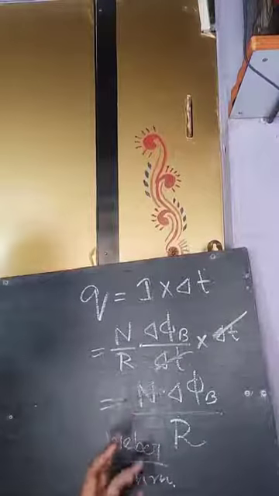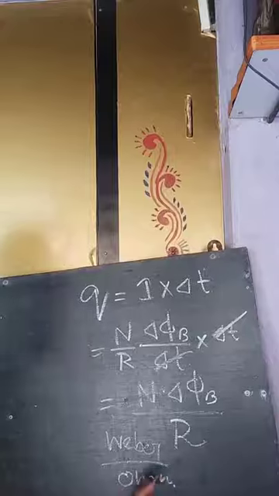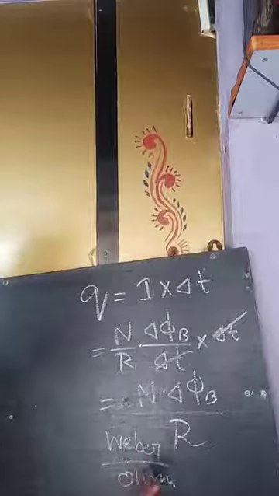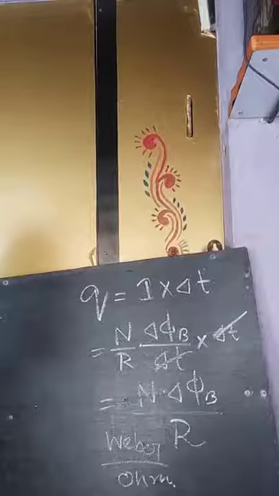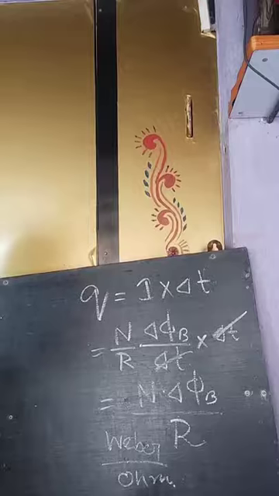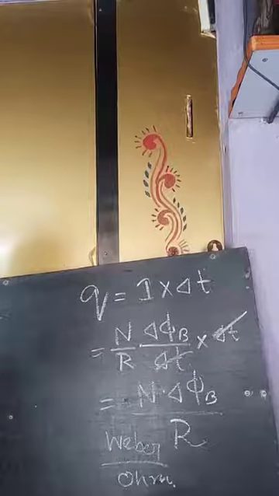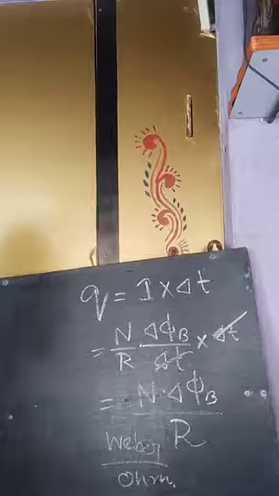Now this equation shows that the induced charge does not depend on the time interval, as the time is cancelled out. Whether the change in magnetic flux is rapid or slow, the charge in the circuit will remain the same.